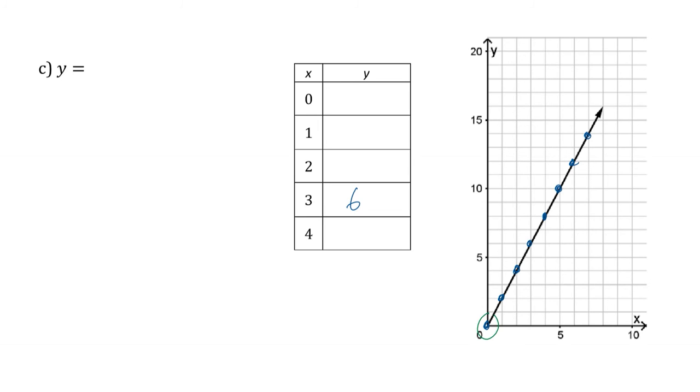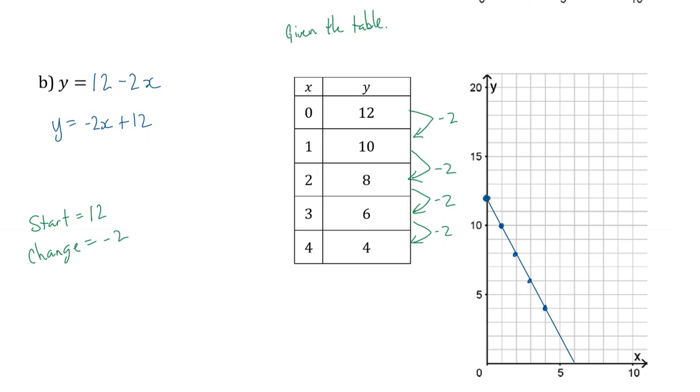Well, the start is where it starts. It's where it crosses this dark line. Remember, we call that the y-axis because it's y. If it was something else, we would call it the other axis, but it's the vertical axis. And it's where does the line cross through there. And if I go up to the other examples, at 0, I was at 12. And notice that point on the vertical axis is at 12.